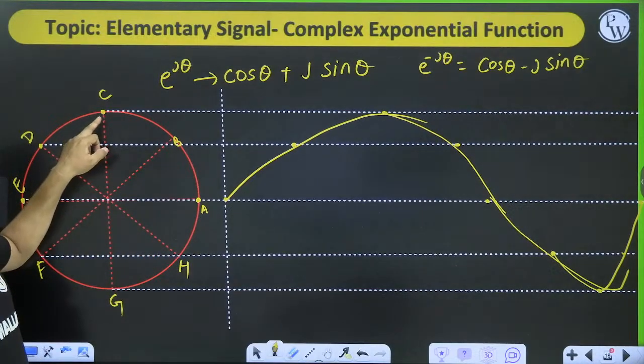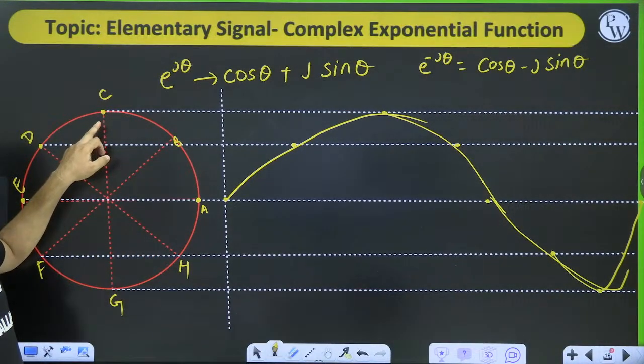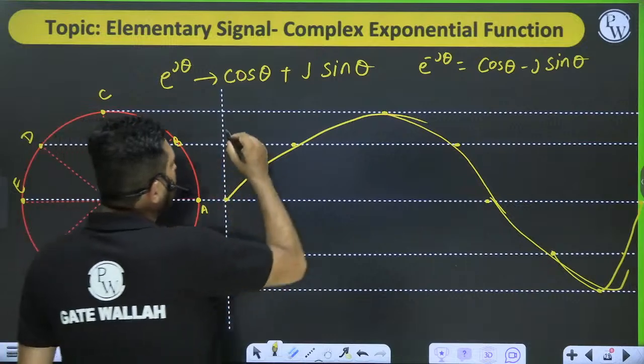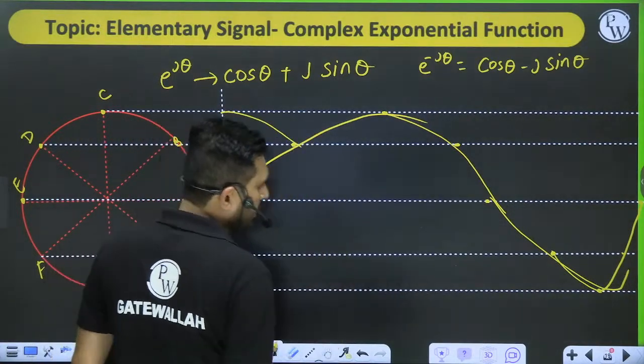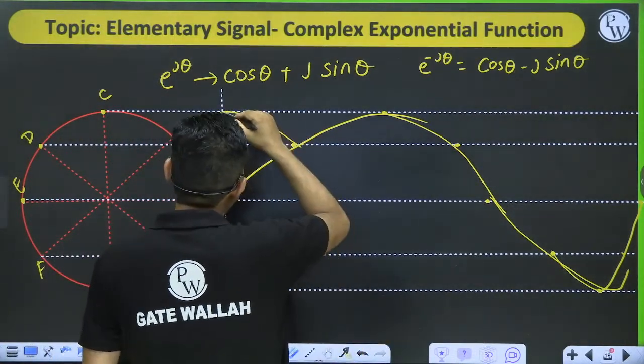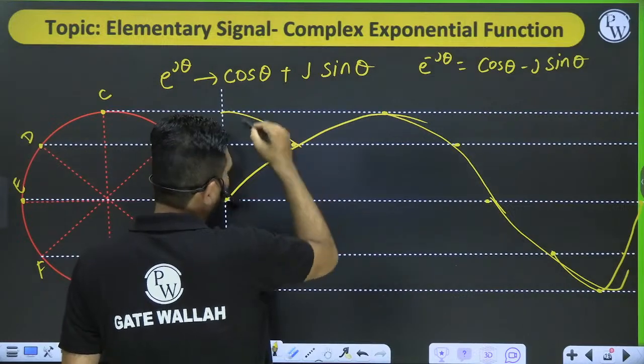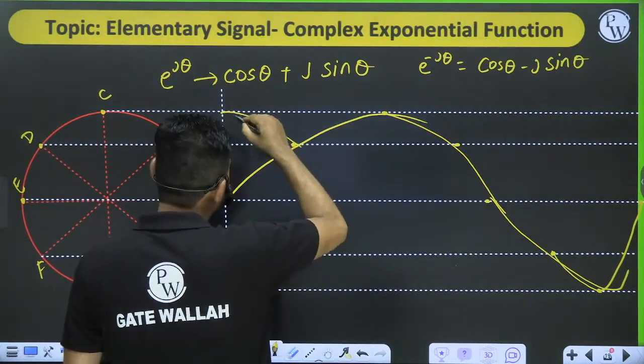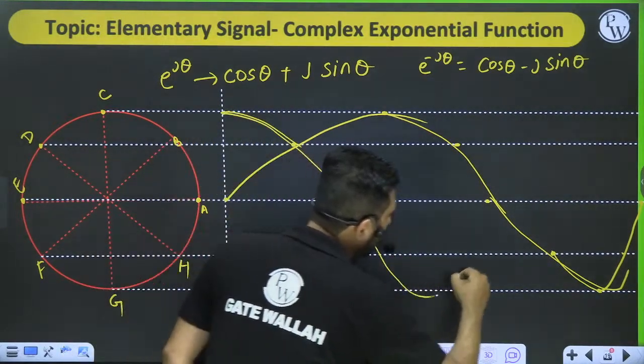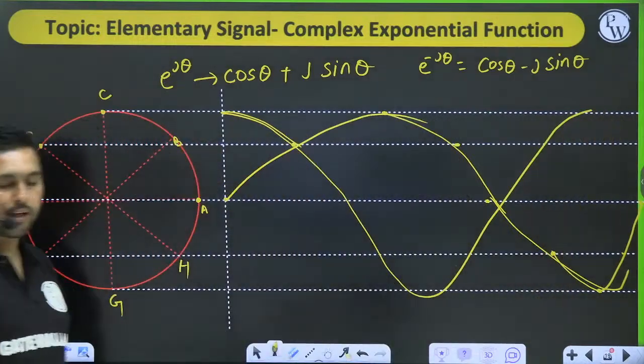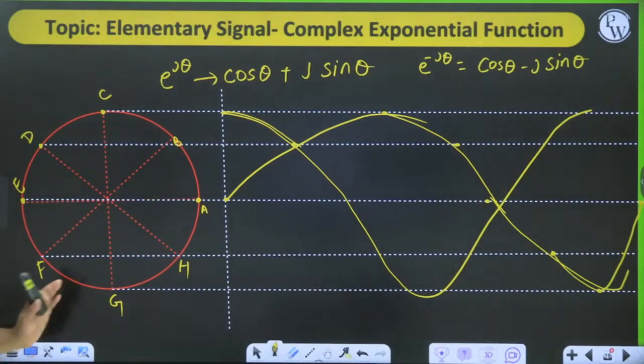If I go from here, then I will get a pure sine function. Like this. This kind of function I will get. Forgive my drawing, you may traverse the points.